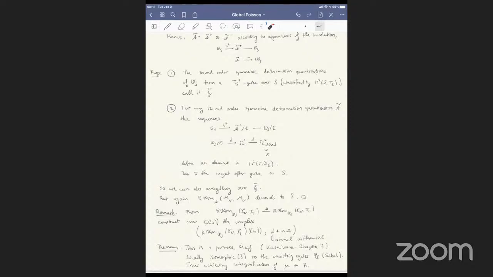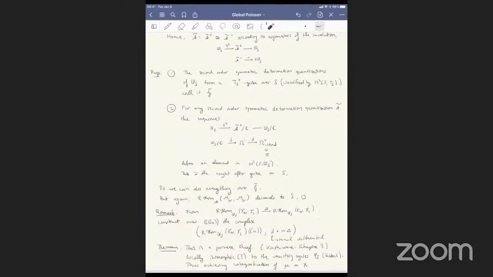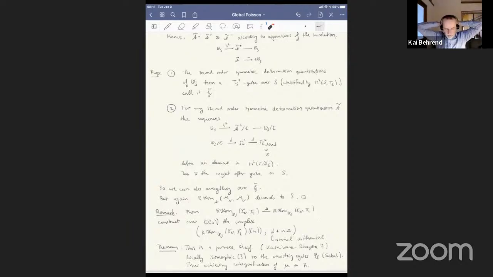And so on your final slide, this idea that it's a perverse sheaf, presumably you want to show that it's independent of the quantization, or what? What's the logic? Well, in the end, I'm extending my base field from C to C adjoined U, and make the base change over that field, and that's then just my ground field.